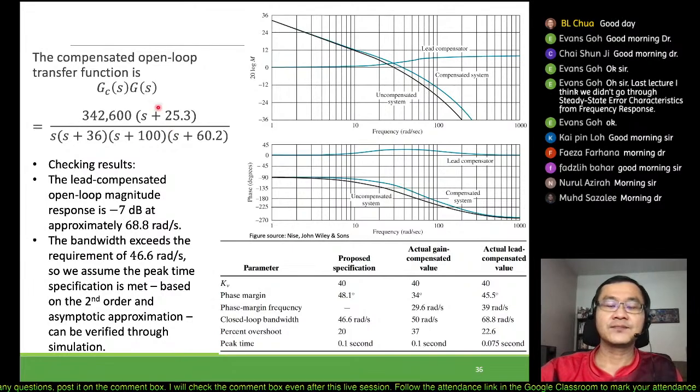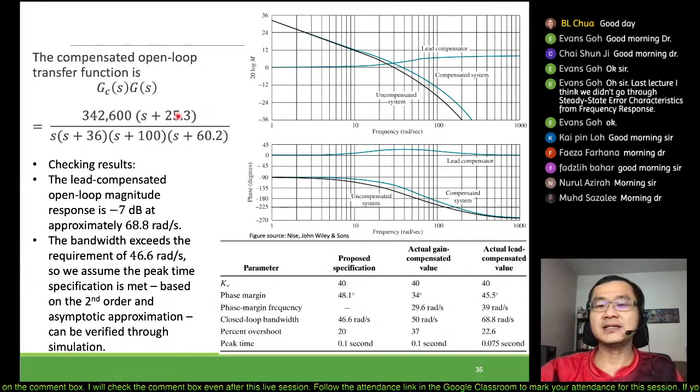this, right? So again, once you have obtained this one, what you need to do is just to resimulate, okay, redraw the bode plot, okay, to check whether the characteristics or the behavior meets your desired specification or not, right? So this would be the actual lead compensator value, okay.